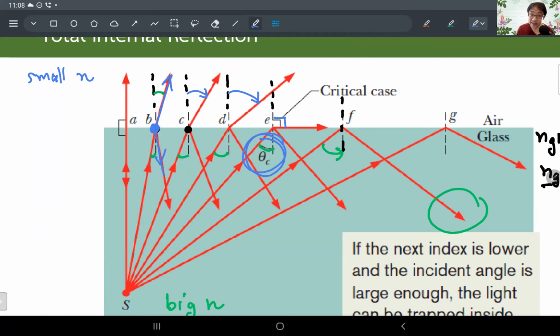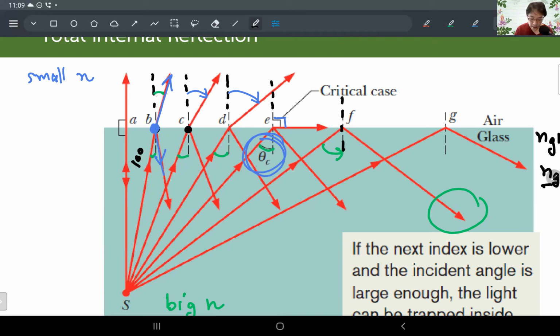It turns out, if you do detailed calculations of the electromagnetic wave, let's say you have 100 units of light coming in, hitting the interface at point B. We don't care about the units at this point.